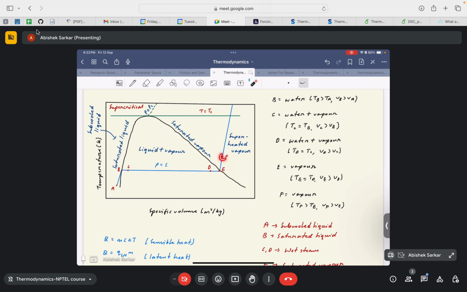And the substance at point F is known as a superheated vapor, right? Here also the volume will increase, but not as rapidly as it increased in the case of phase change. So the volume of the vapor will increase, and the temperature of the vapor will also increase, because now it experiences sensible heating rather than latent heating.